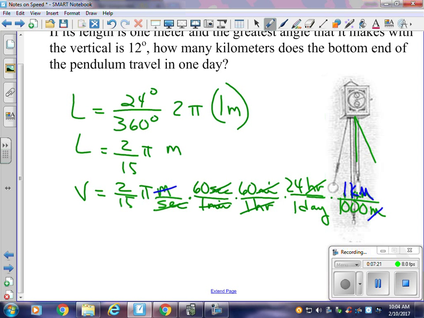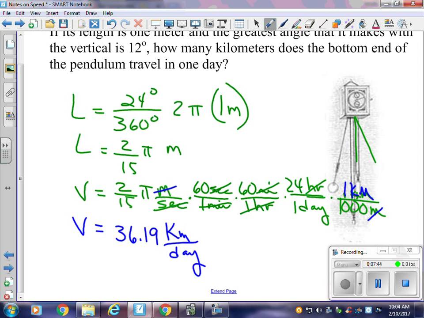And that will tell me how many kilometers per day it moved. I got 36 point... Everybody agreeing it's 36.19 kilometers a day? Now that's velocity, right?